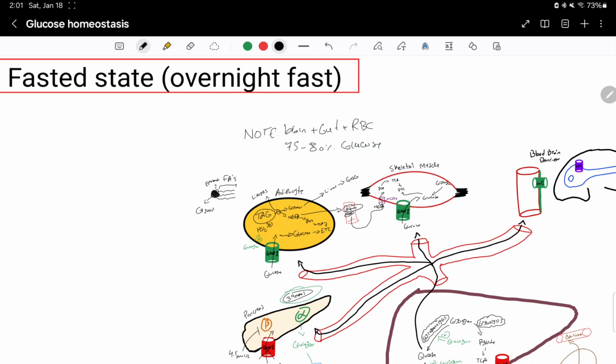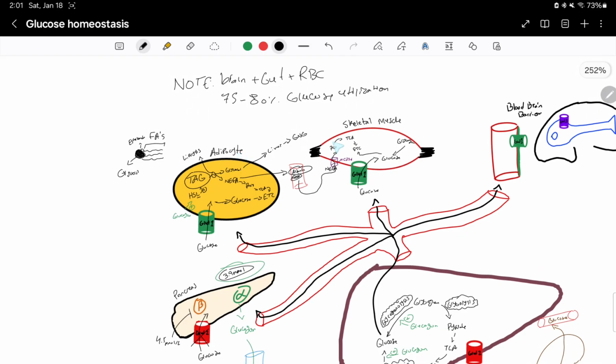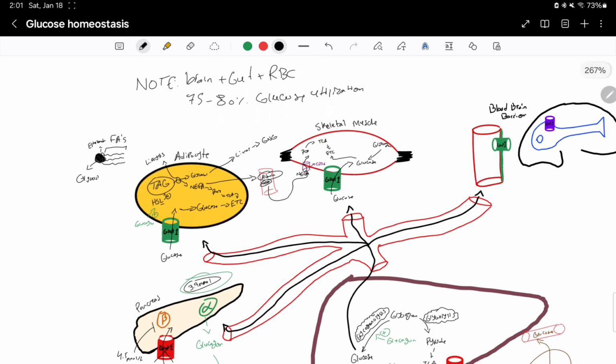So the majority of the glucose that's being utilized, 75 to 80%, is by the brain, the gut, and the red blood cells. Okay? This should make sense to you as to why the skeletal muscle and the adipocytes are using fatty acids for energy production, because there are other things more important that need glucose. For example, the brain. The brain cannot use fat as a source of energy because fat cannot go through the blood-brain barrier. So it needs glucose.